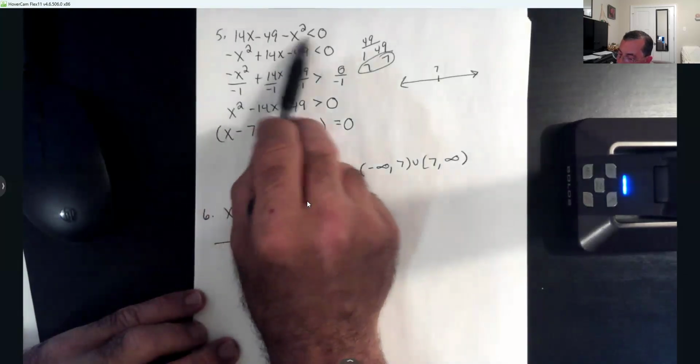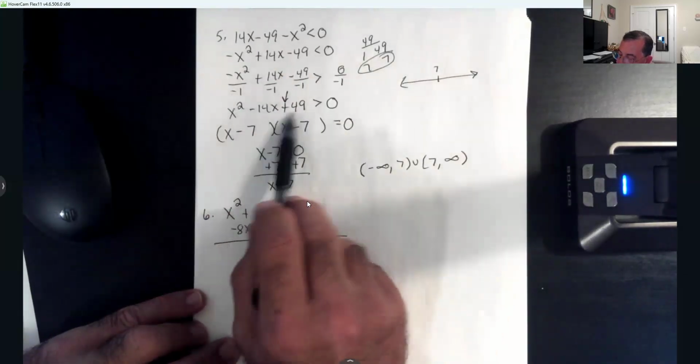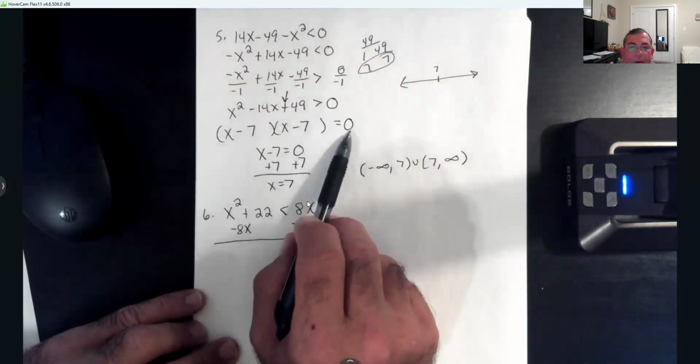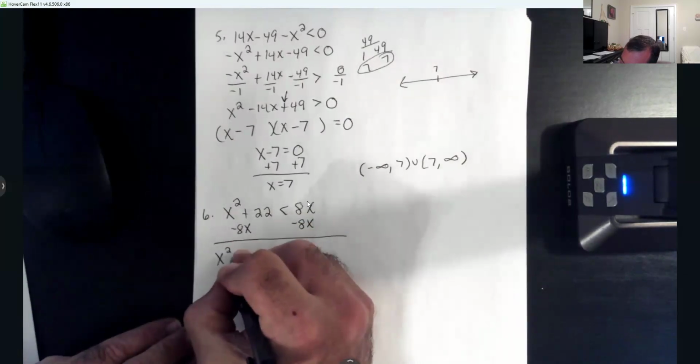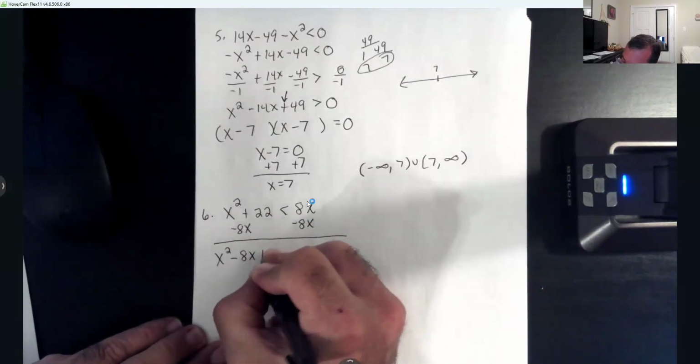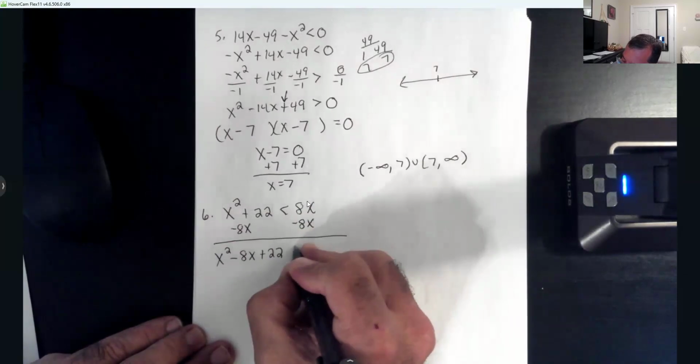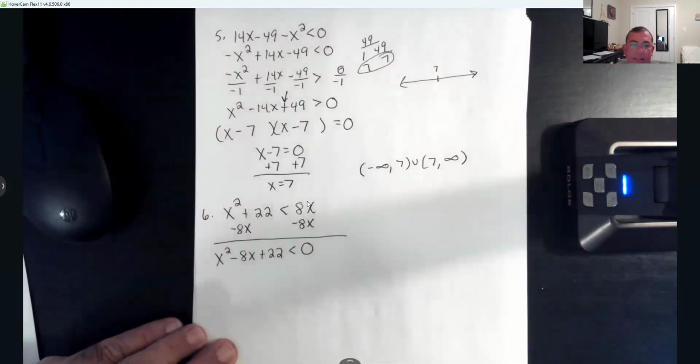Like all the trinomials, I have everything on one side equal to 0. This is x squared minus 8x plus 22 less than 0.